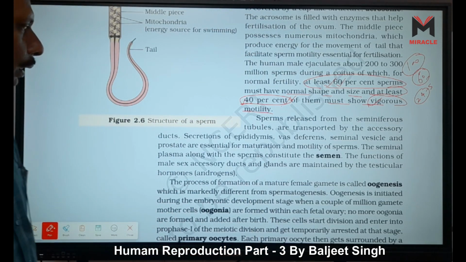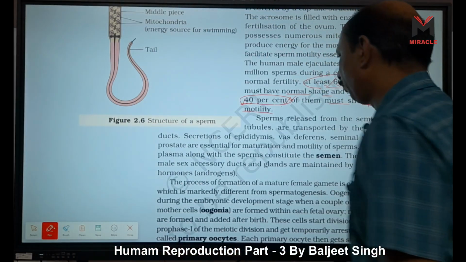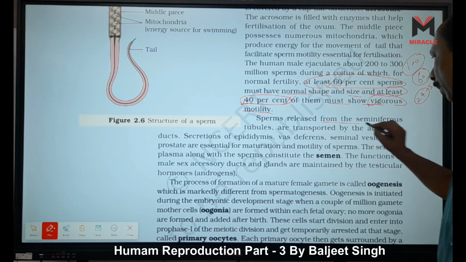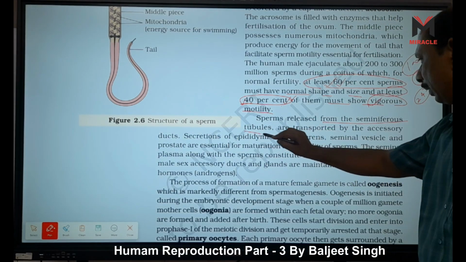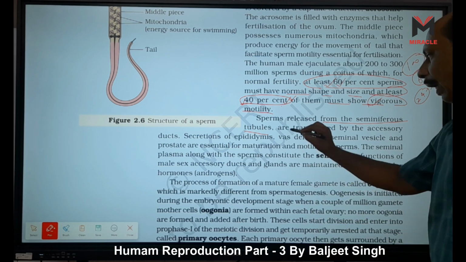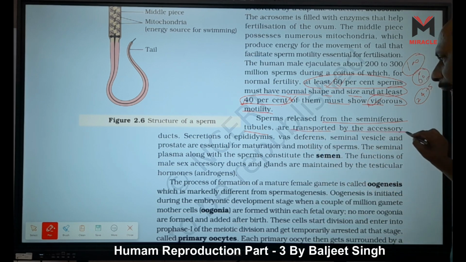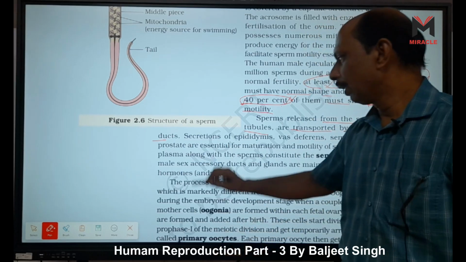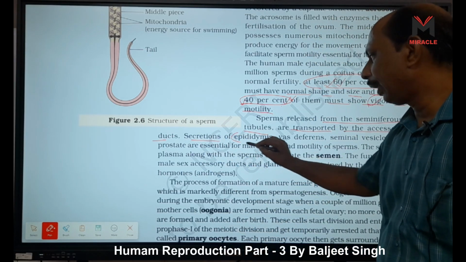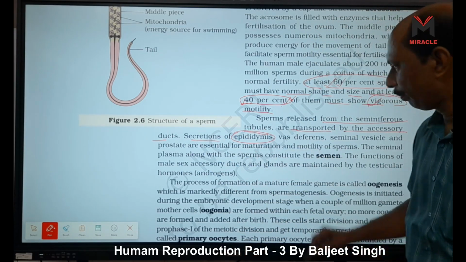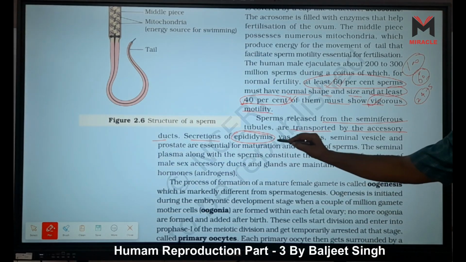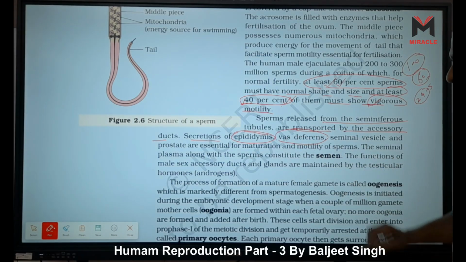right? Sperm release from the seminiferous tubules and are transported by the accessory ducts, different accessory ducts. Secretion of epididymis, first thing, where they mature. Vas deferens, second is given here.